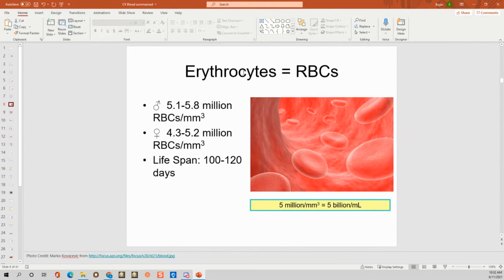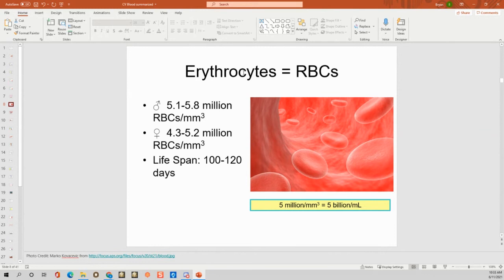Per millimeter cubed. That might not mean anything to you, but basically a millimeter cubed is 1 ml of solution. 1 milliliter is 1/1000th of a liter, and you have 5 to 6 liters of blood in your body. There are 5 billion cells per mil.